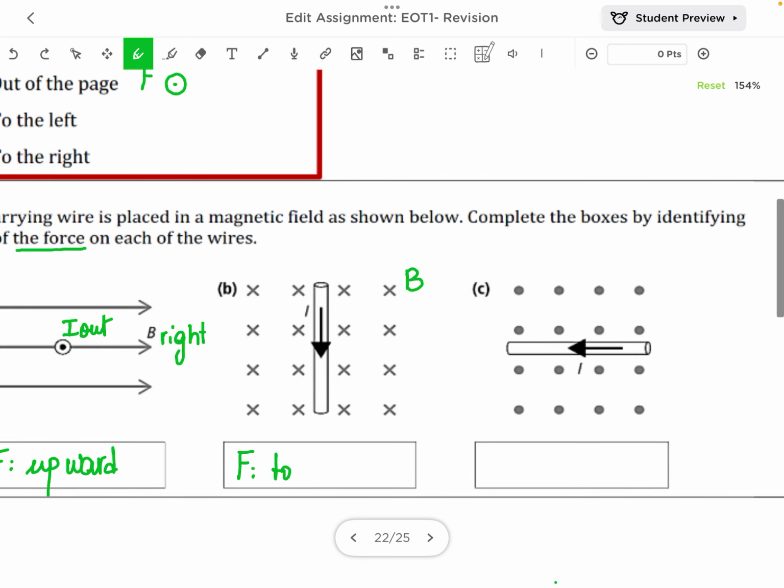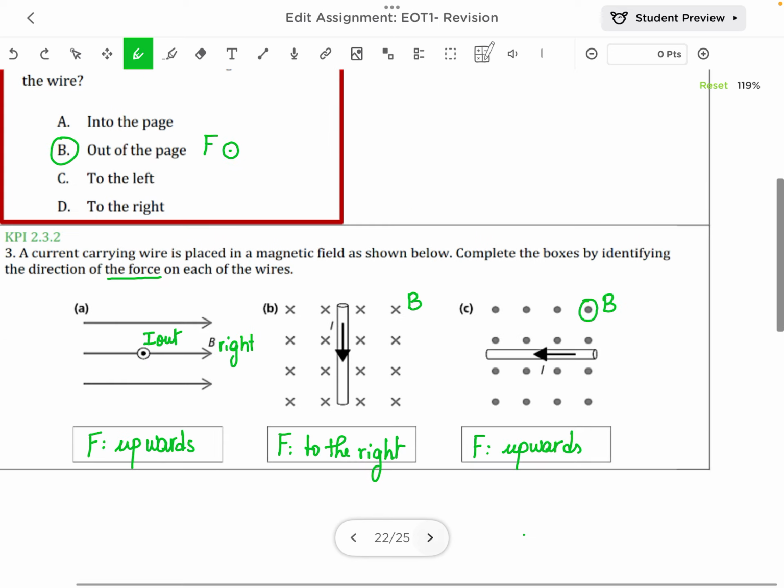Here it is to the right, and finally I know the current, I need to find the force. So basically whatever is dot here, it is for the magnetic field. Applying my third right hand rule, the force will be upwards.